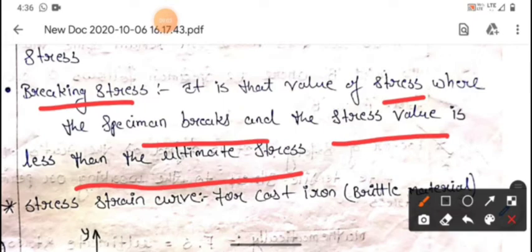Take a piece of chalk and hold it in your two hands and apply pressure. What will happen? The chalk will easily break. But if you take a metal piece and go on putting load with both hands, it will not break easily because it has more strength than chalk.